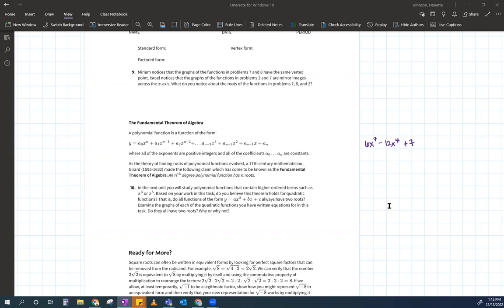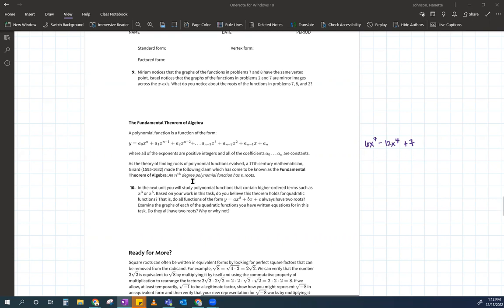How many roots should I look for? What's the highest power? What's the highest x? X to the what? Very good, to the 7th. So how many roots should I be looking for? Very good, I should be looking for 7. Why, Ms. Johnson?